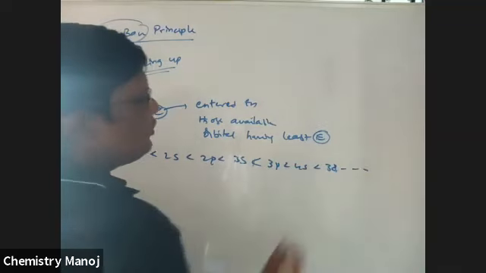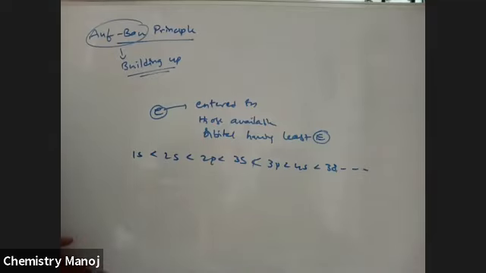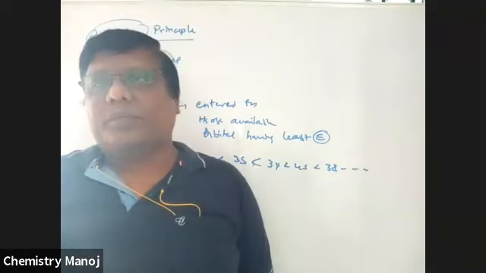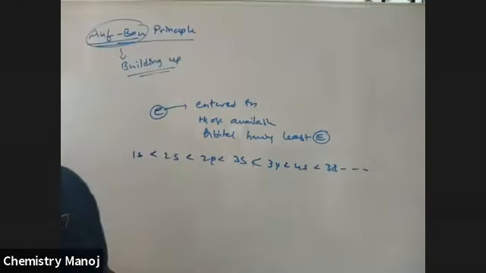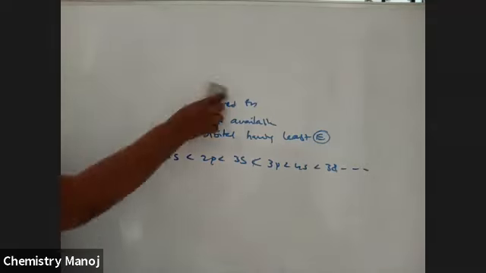This is the ordering to fill the electrons. It is according to the n plus l rule or n rule, or sometimes simply by using the diagram. If the n plus l value is the same, use the n rule. So this is the Aufbau principle, and I think most of the students know it very well.